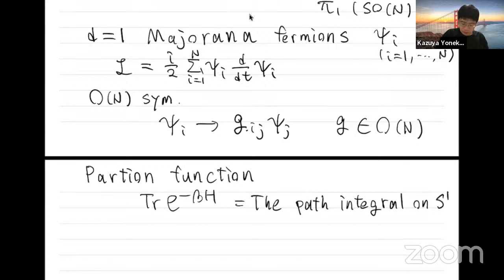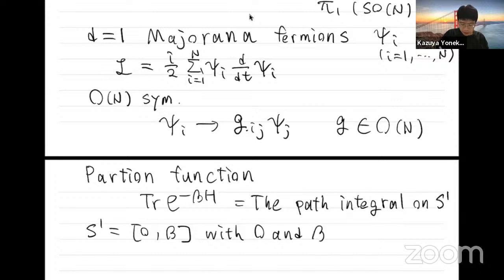on S1. And here this S1 is constructed by gluing two ends of an interval. So I consider an interval from 0 to beta. So this beta is the inverse temperature. And then I glue 0 and beta.